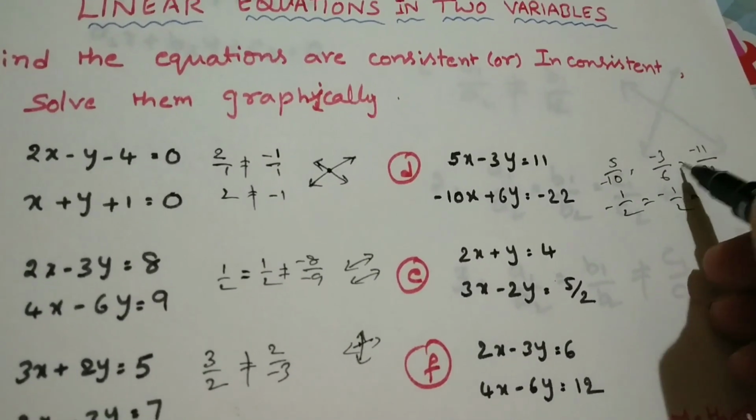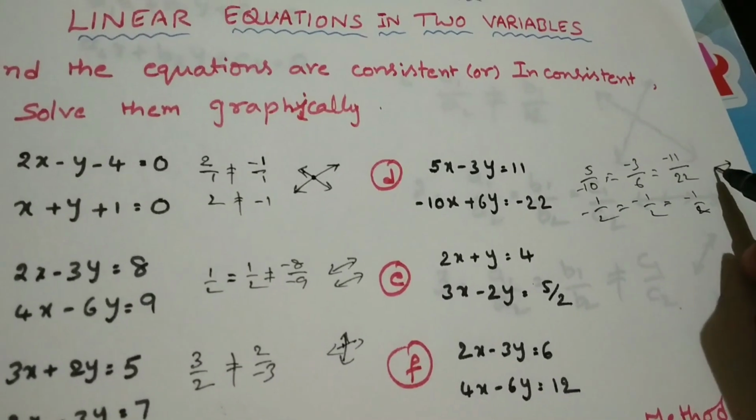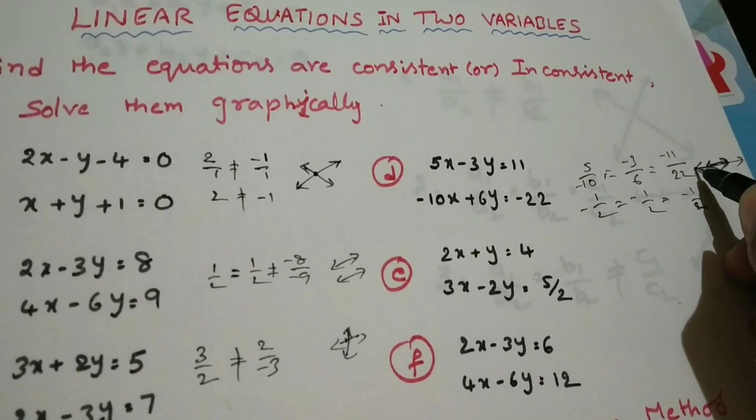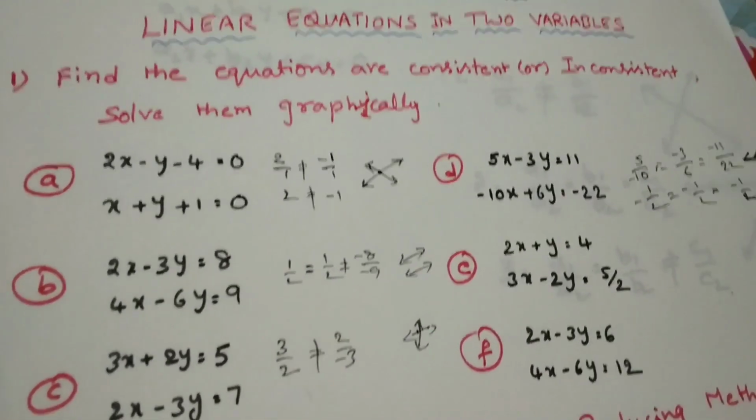All are equal, so the graph will be coincident lines. You practice the remaining problems in the same way.